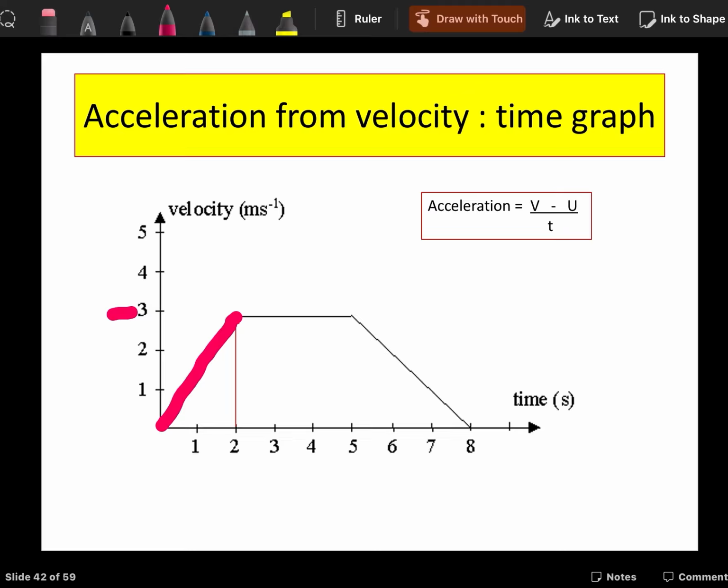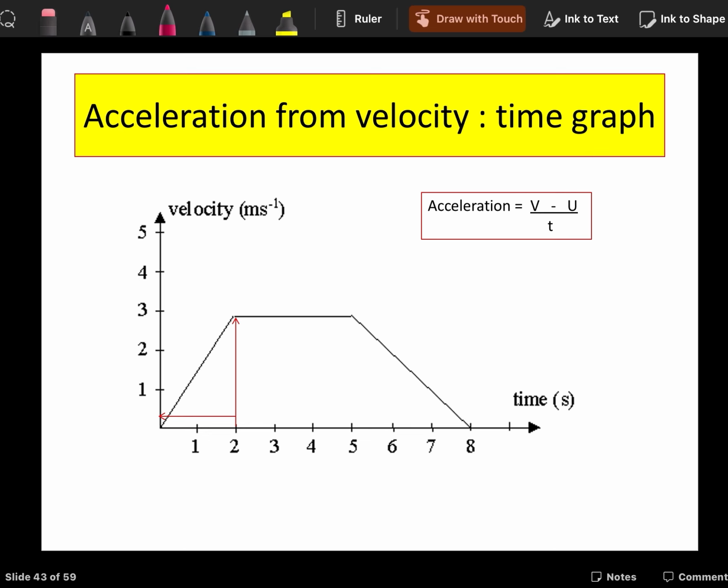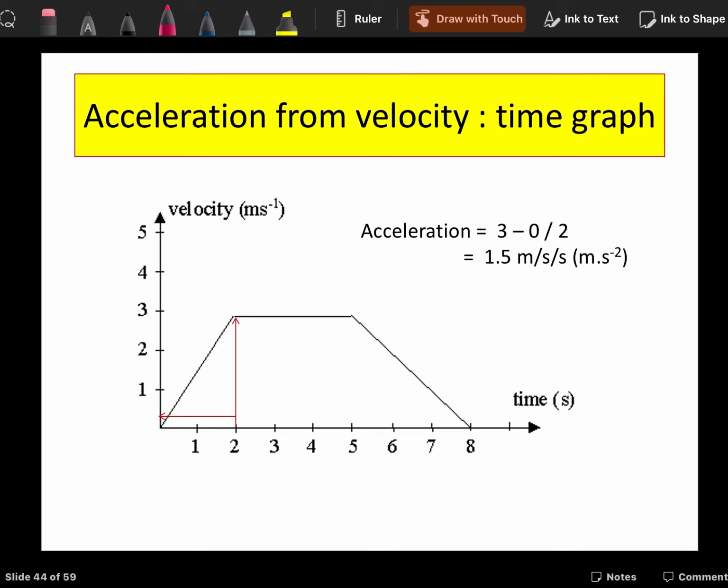So what is the change along the y-axis? 0 to 3, 3 minus 0, this is the change. What is the change along the x-axis? This is the x-axis. 2 minus 0. So 3 over 2. In this way you find 1.5 meters per second squared. So your answer is 3 over 2.